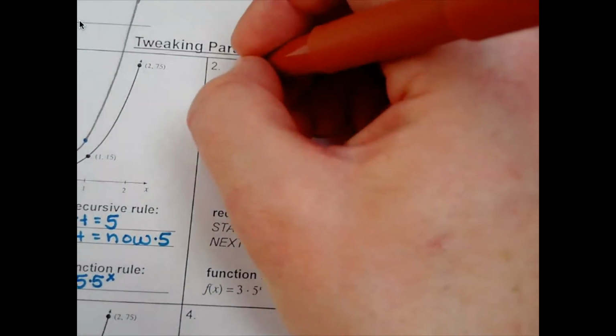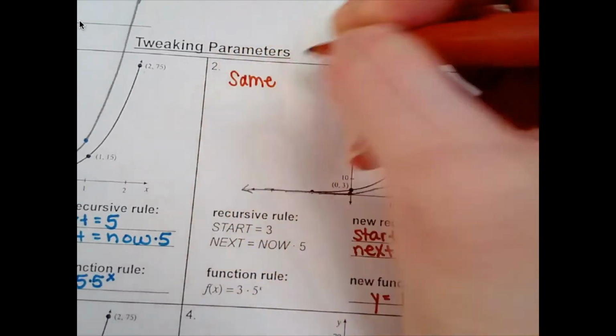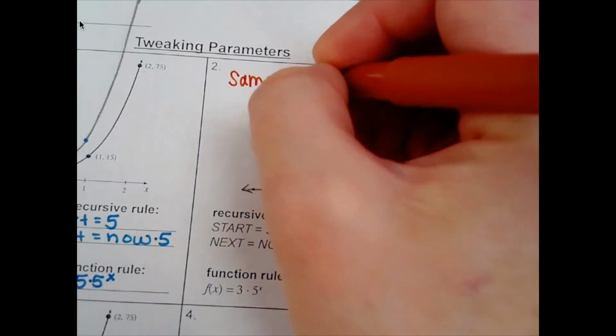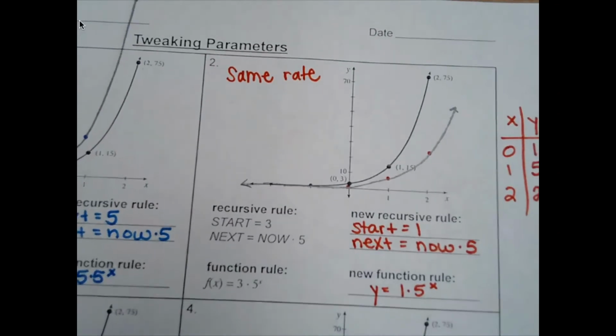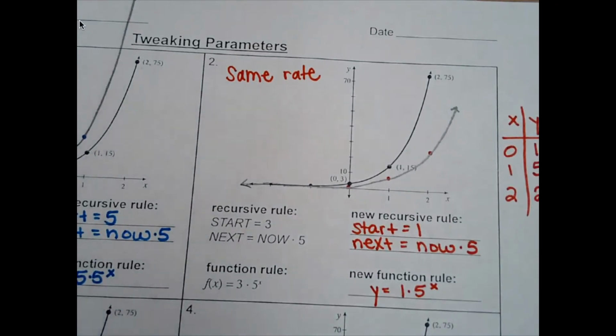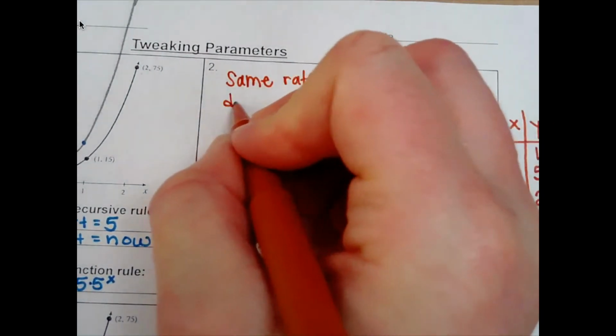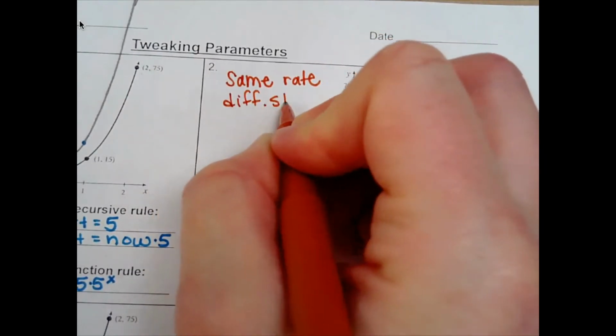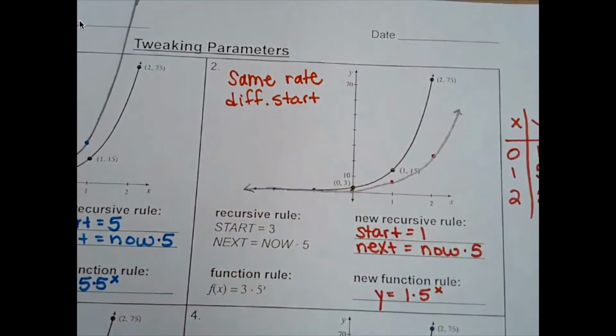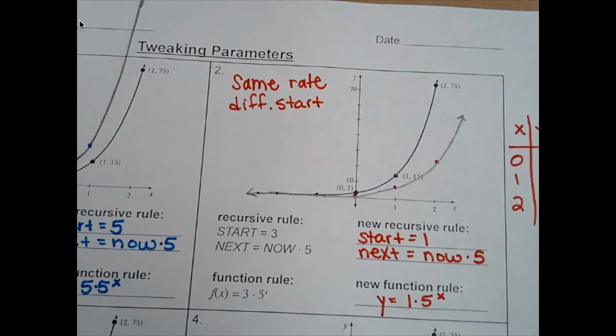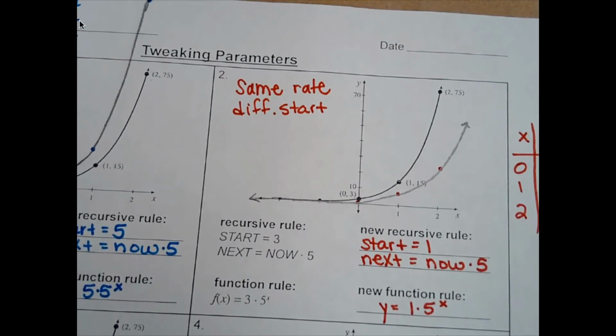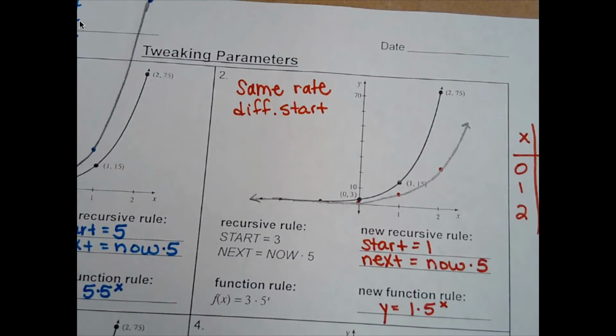All right, so what did we keep the same? Rate. Next, whatever we're multiplying by. What's different? Start. Yeah. The last one was a stretch.